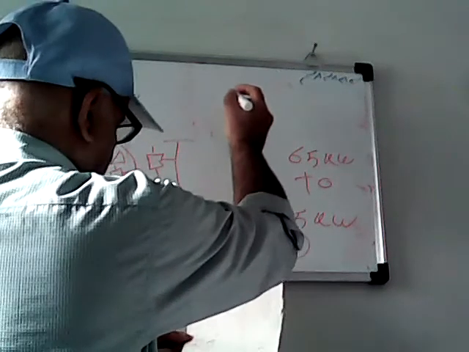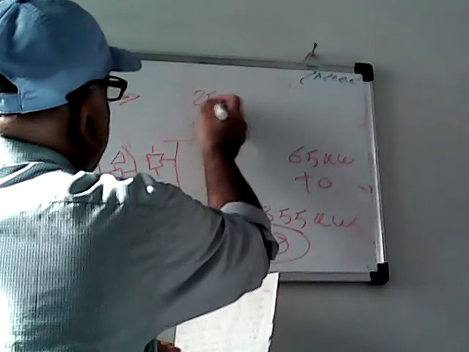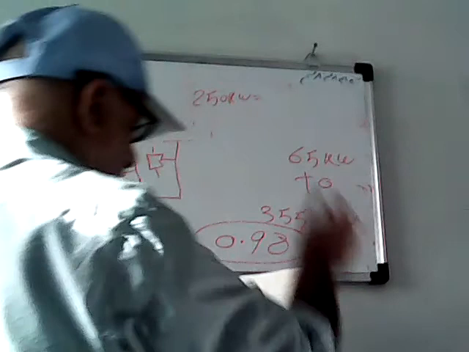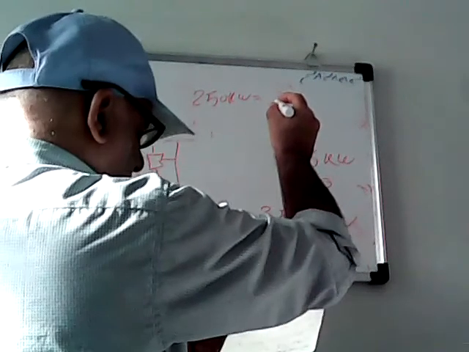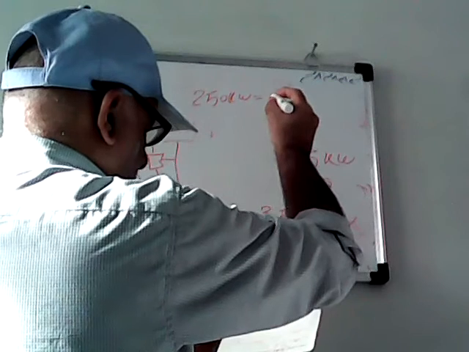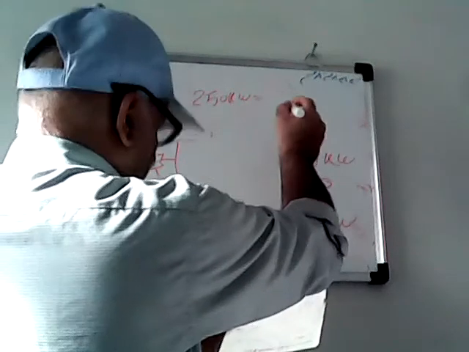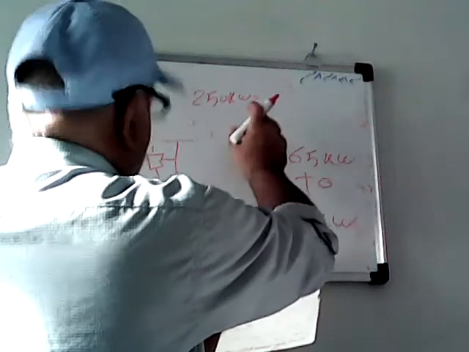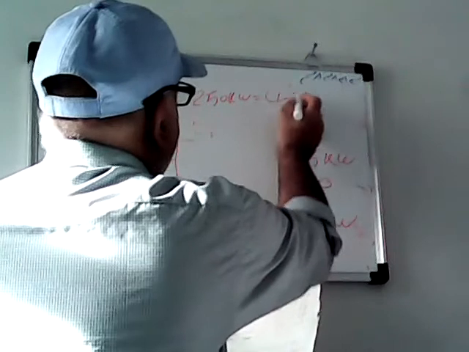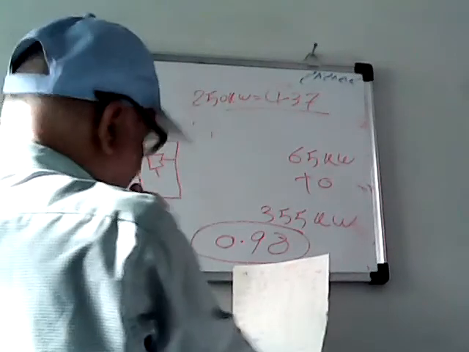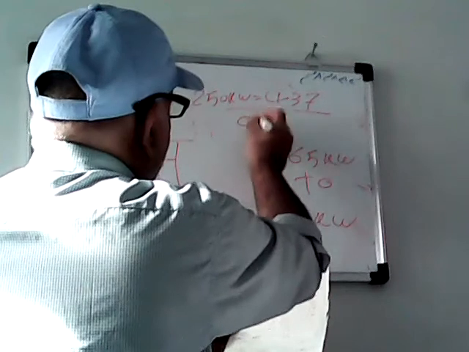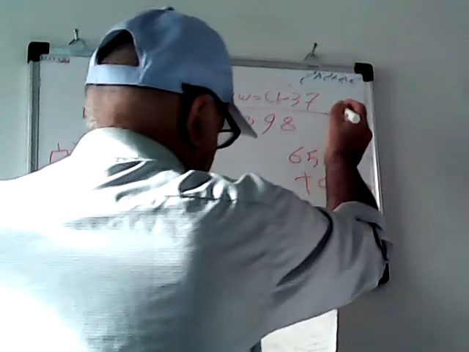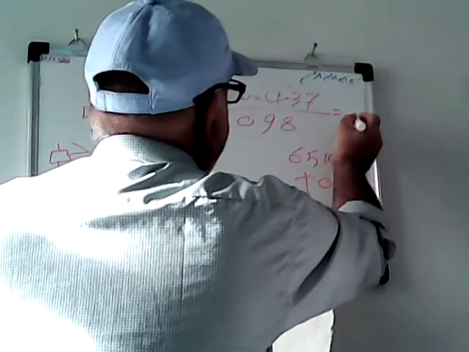Okay, 250 kilowatt, and its rated current is 437. 437 divided by 0.98 is almost 400.